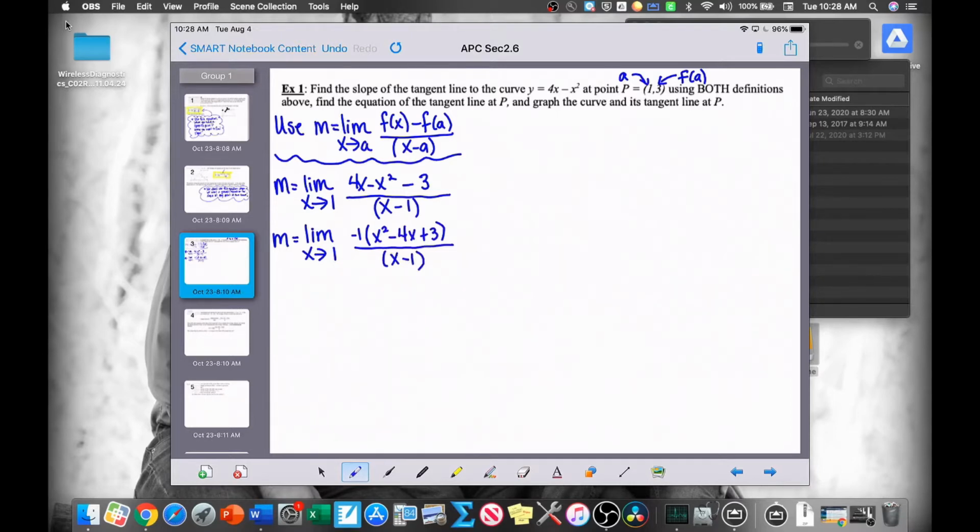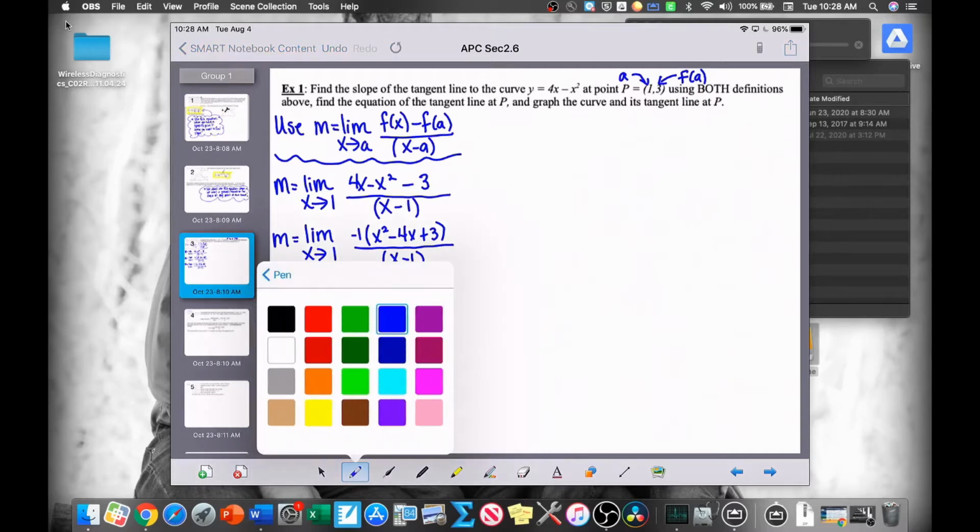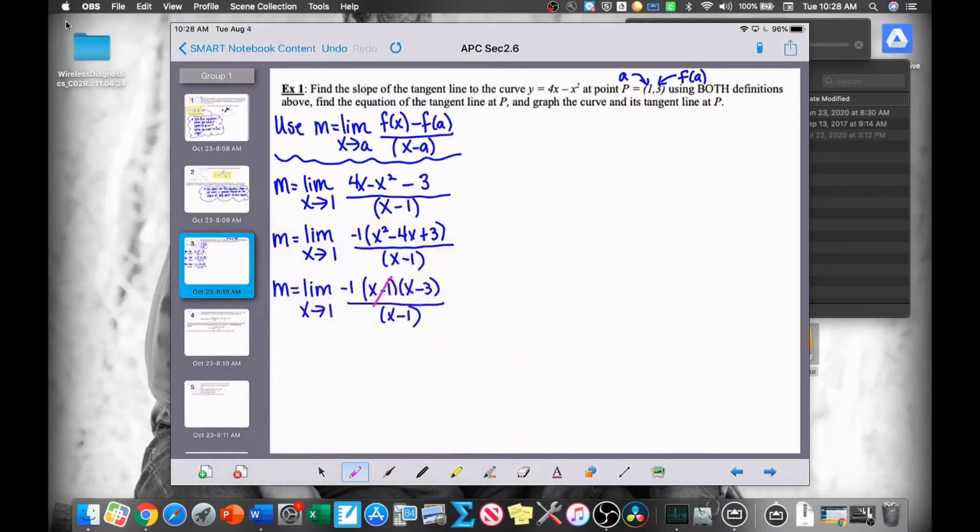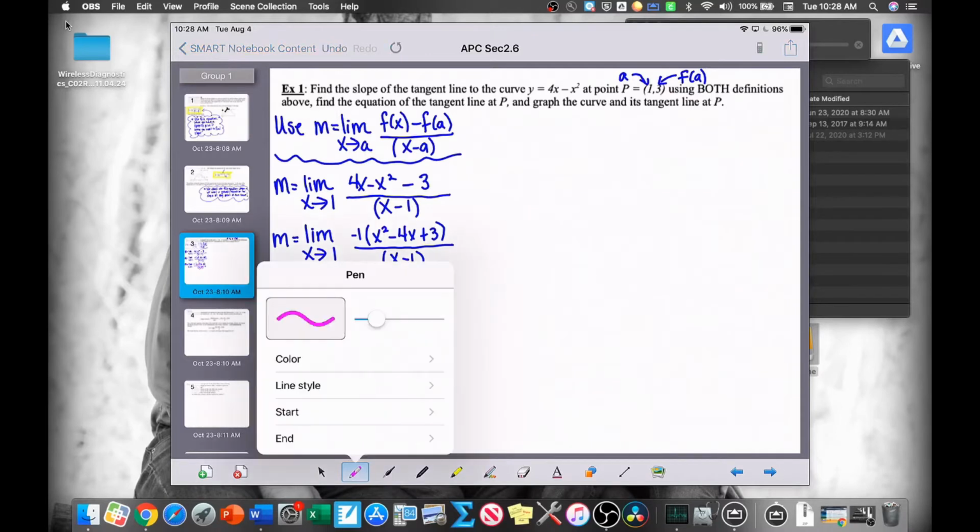And that x squared minus 4x plus 3, I know I can factor. That's an easy factor. So that's going to factor into x minus 1 times x minus 3. And now I get to cross out those factors of x minus 1 right here and right here.